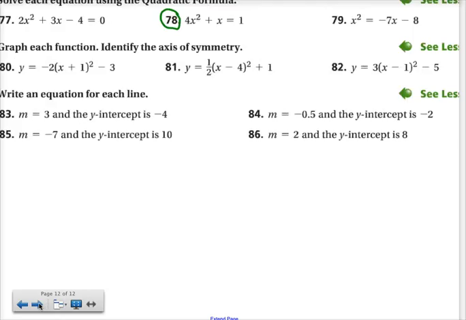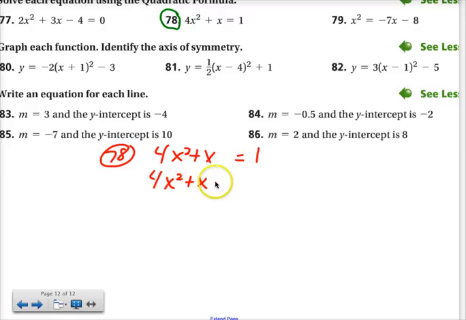And I do believe I have one more here. Solve each equation using the quadratic formula. So 78 was 4x squared plus x equals 1. Remember, when you use the quadratic formula or the discriminant, you have to have a 0 on one side because you're solving.